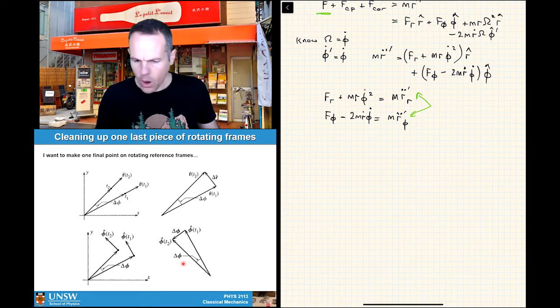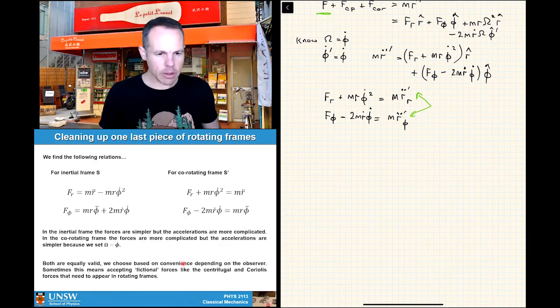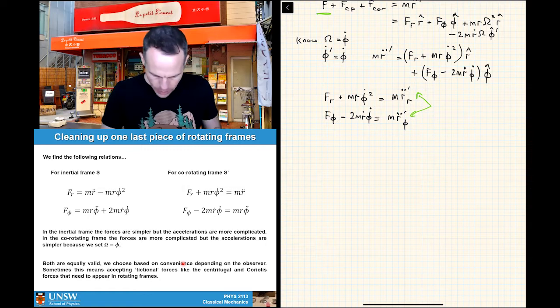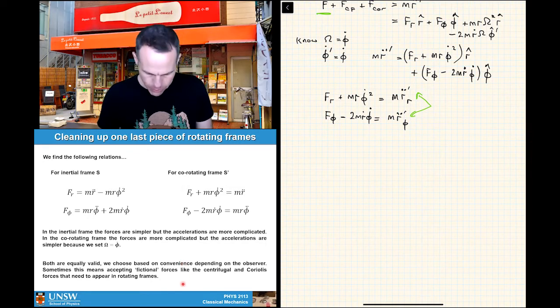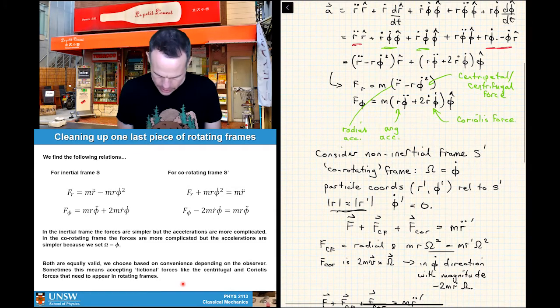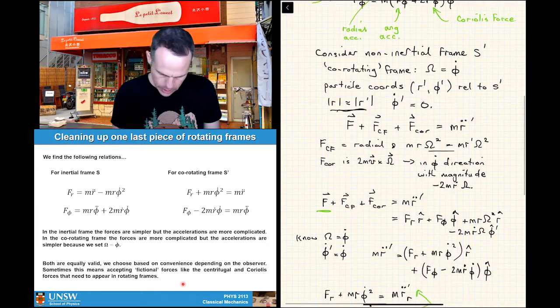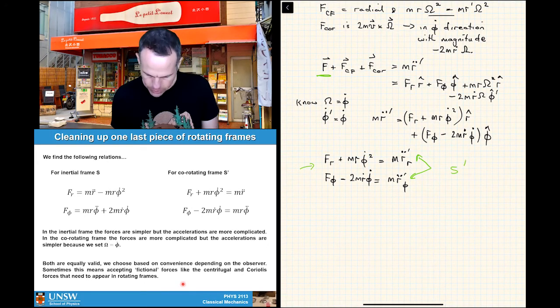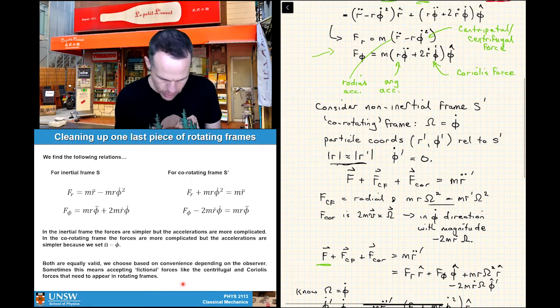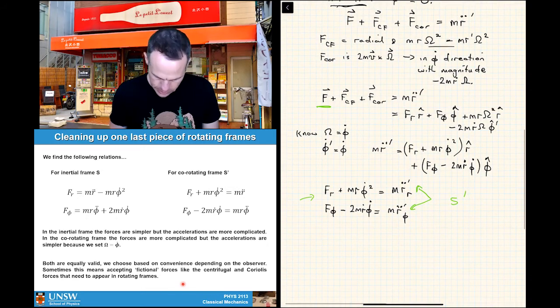All right, so if we now pull these two things together, and I've put them on the slide basically to save myself from having to scroll up and down on my notes. But basically what we're taking is what we had up here and comparing it to what we had down here, okay? And so this is now for our frame S, and this would be for our frame S dash.